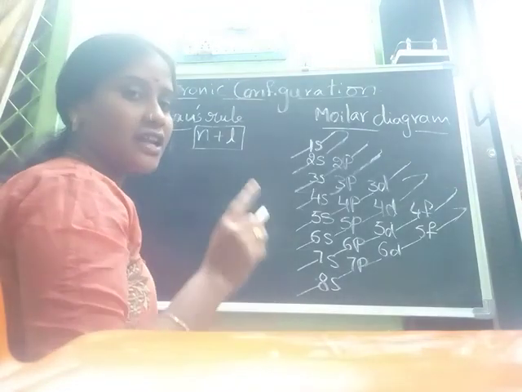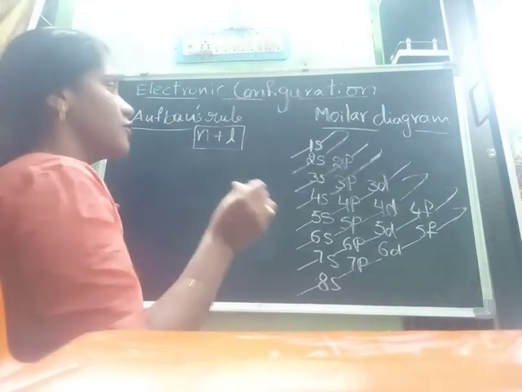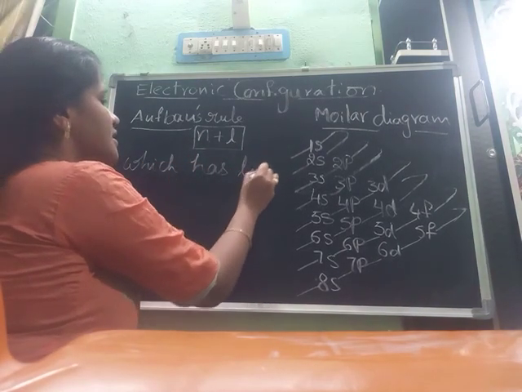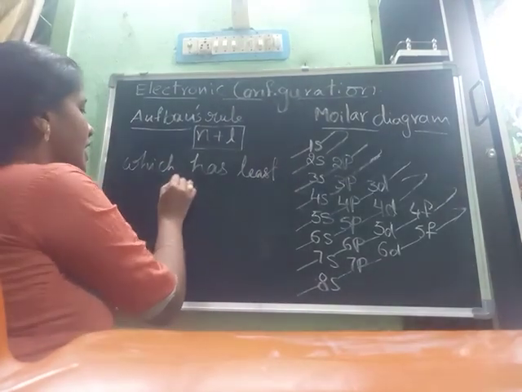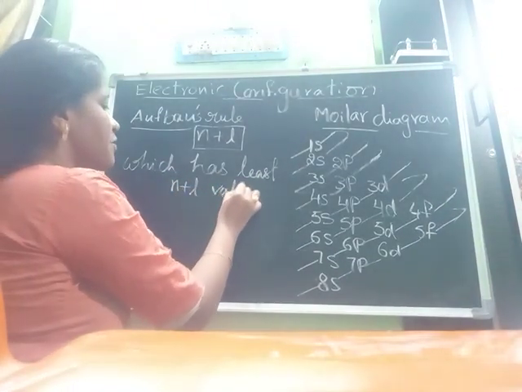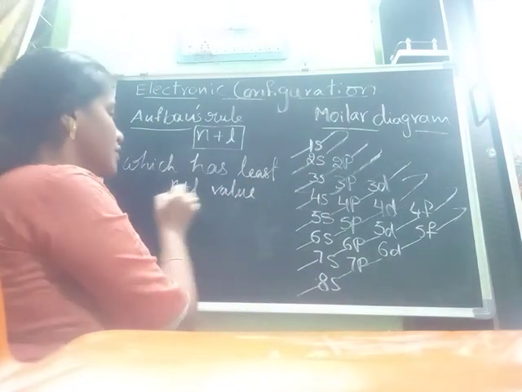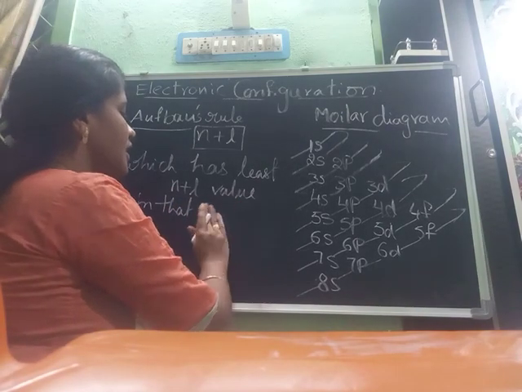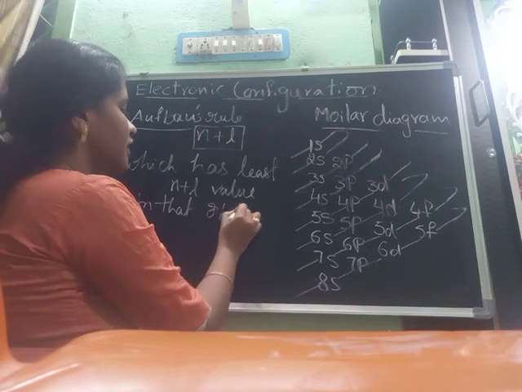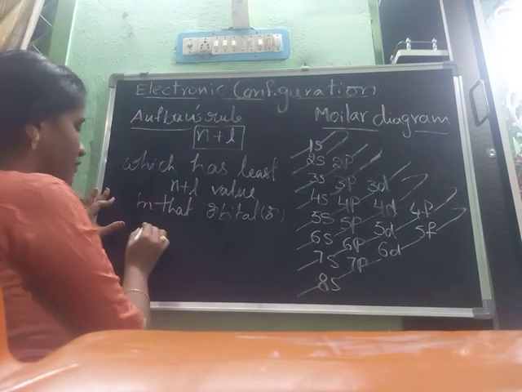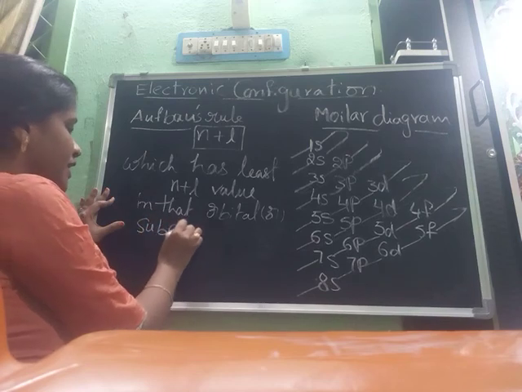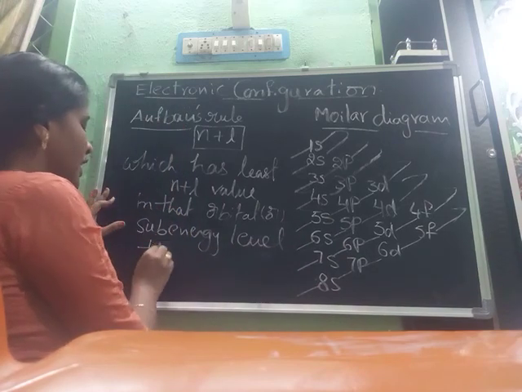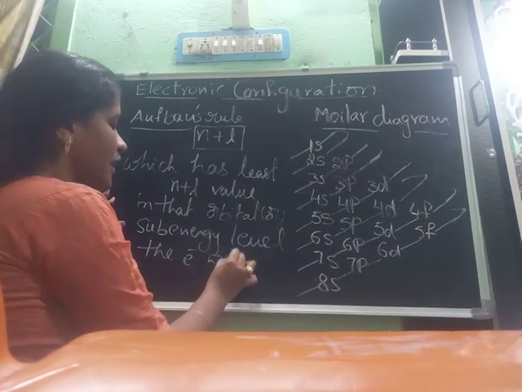In the shell, orbital or sub energy level which has the least n plus l value, the electrons will enter.